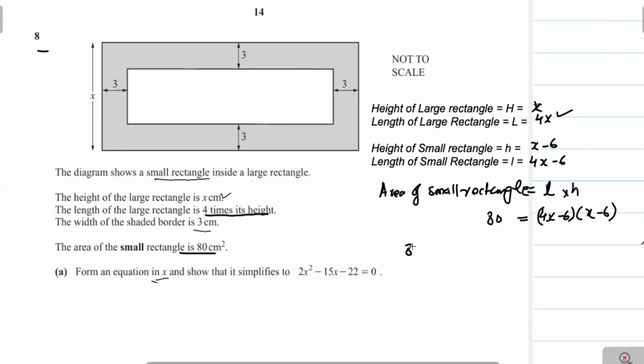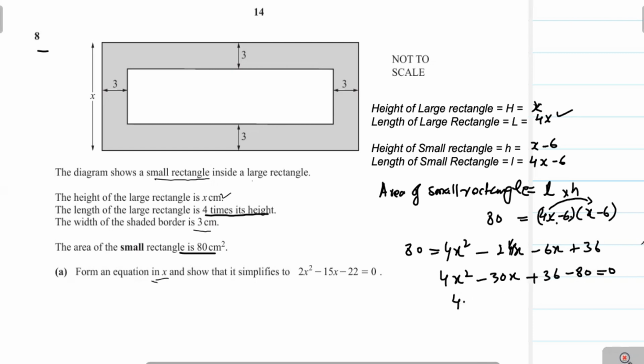Therefore, 80 will be equal to, we simplify this right expression, 4x into x is 4x squared, 4x into minus 6 is minus 24x, minus 6 into x is minus 6x, and then plus 36. We write here 4x squared minus 30x plus 36 minus 80 equal to 0. We can write it as 4x squared minus 30x minus 44 equal to 0.